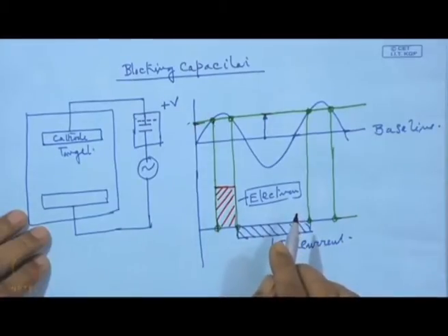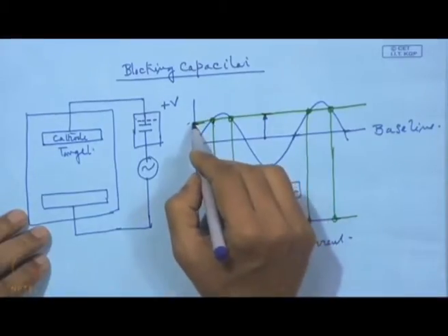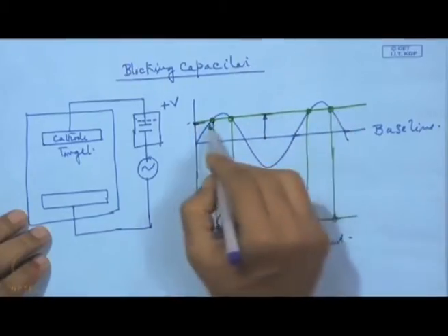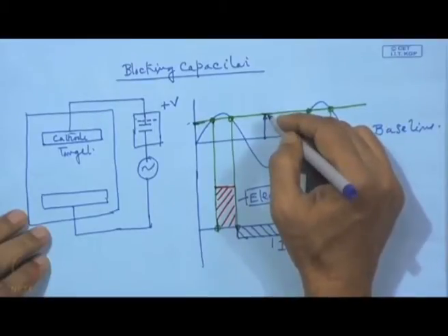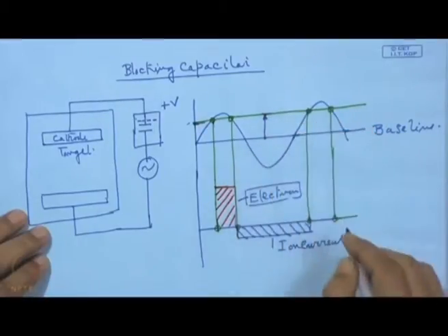So from this we can see that, with respect to this one, this whole curve is shifted towards the negative side.